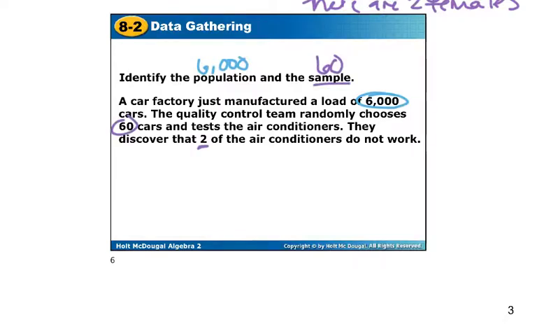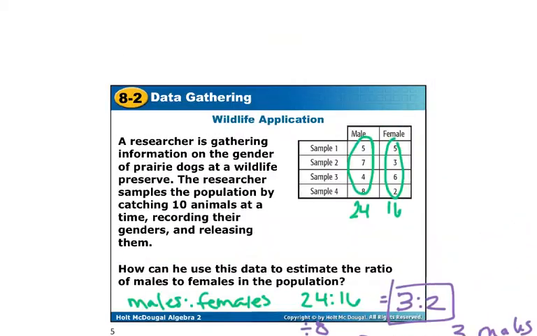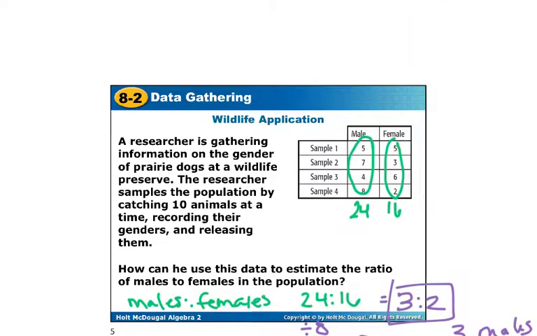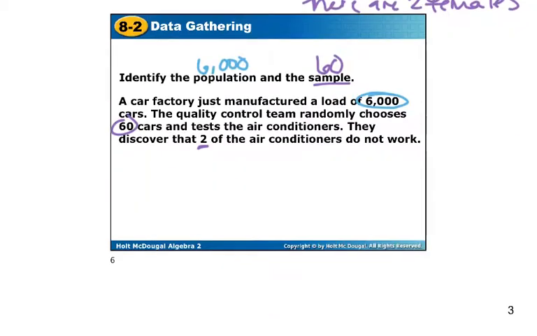And then, of course, 2 would be what we were talking about earlier, with the parameter. The statistic would have been 2. But the parameter would have been that, because times 100 would have made 6,000.